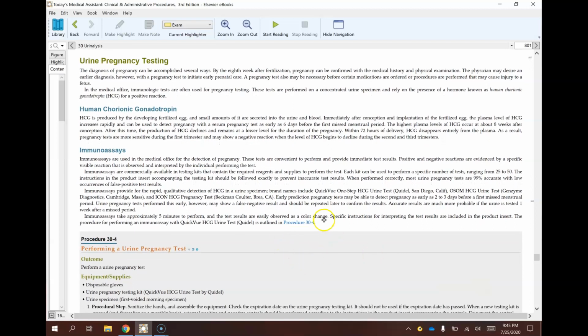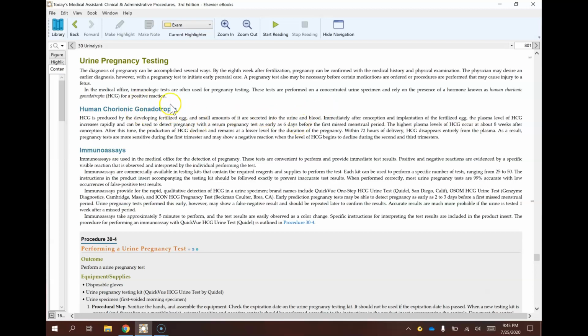Okay, and so the last part of urine testing has to do with pregnancy testing. And pregnancy testing in the urine is something women can do at home. And if they want to make sure that their results are accurate, they can come into the office and have a pregnancy test done. Best time to do a urine pregnancy test is with your first morning specimen.